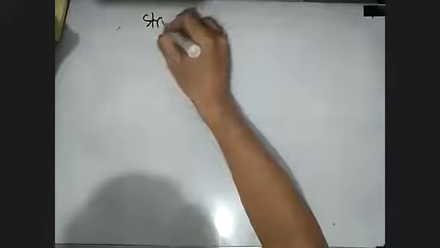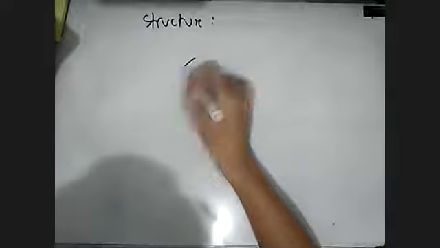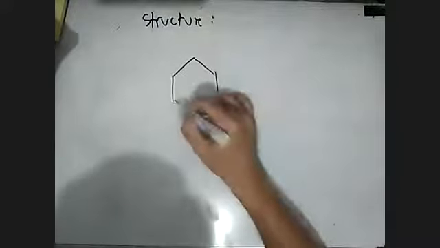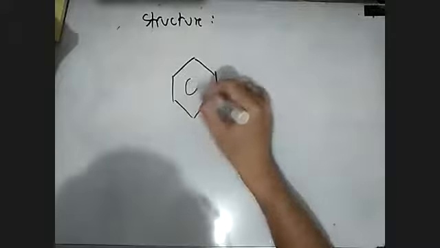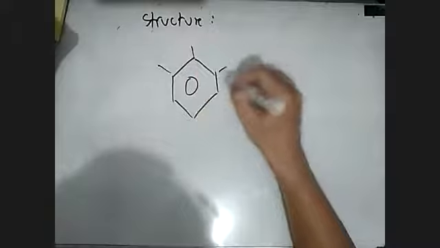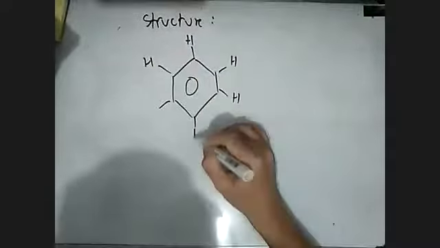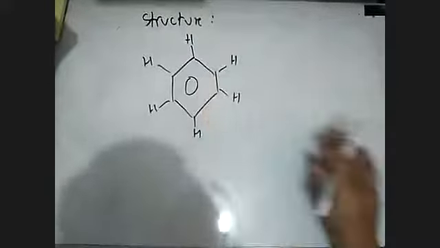Second part we're going to take up today is about the structure. Benzene is unusual because they have 1.5 bonds here. Why do you have a dot here? The dot here is to emphasize that all the bonds here are identical.